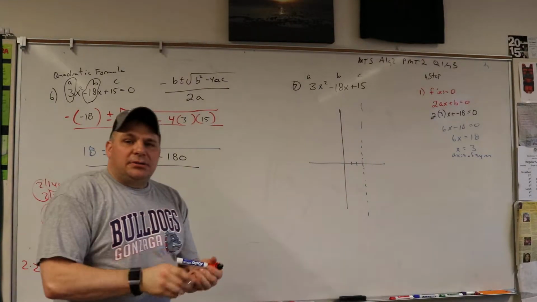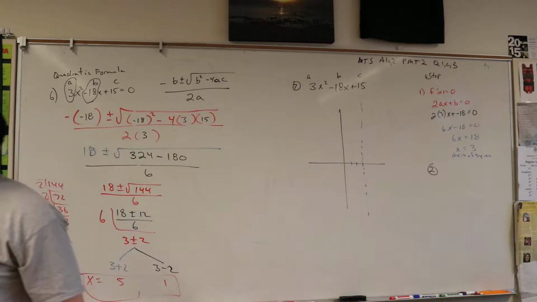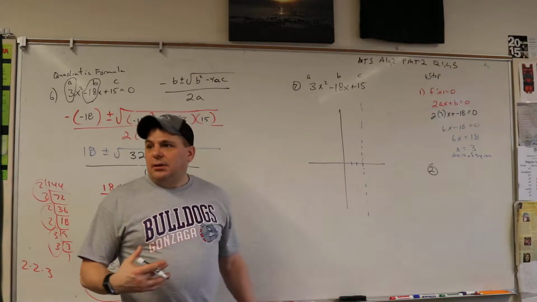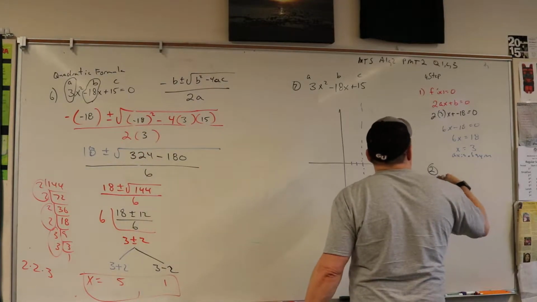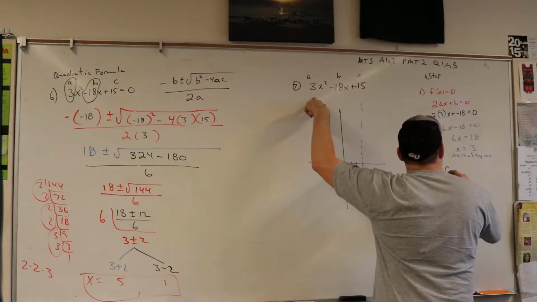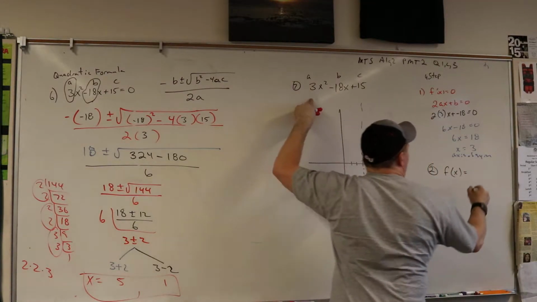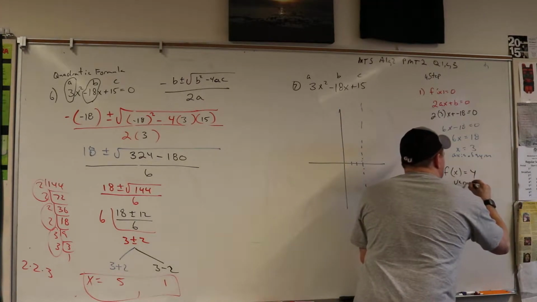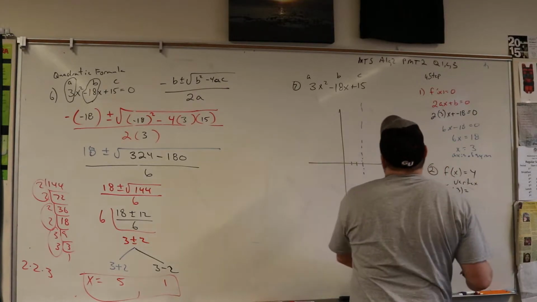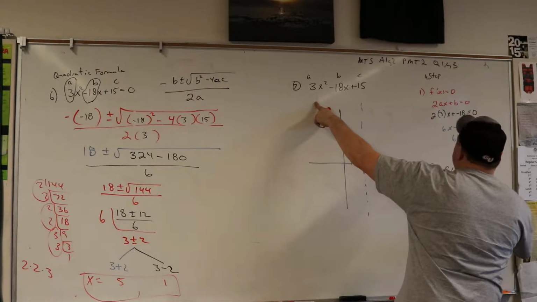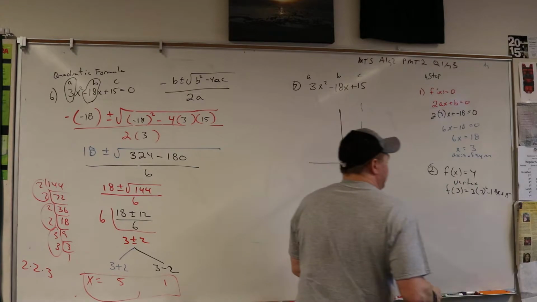Step 2 would be what? You remember? Plug it in. I need to find f of x, which is y, and that's my vertex. So f of 3 is equal to 3 times 3 squared minus 18 times 3 plus 15.